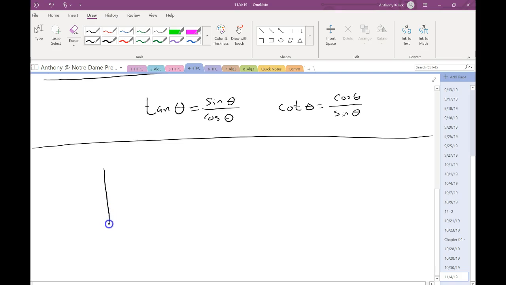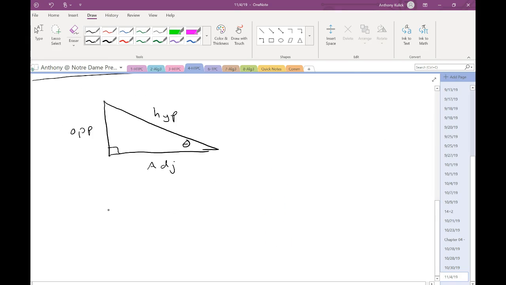So suppose we have a right triangle. And I'm going to label this angle as my theta. Relative to that theta, this side is the adjacent, this side is the opposite, and this side is the hypotenuse, right? What I'm going to do is look at sine squared theta plus cosine squared theta.